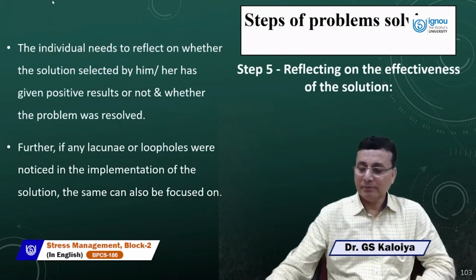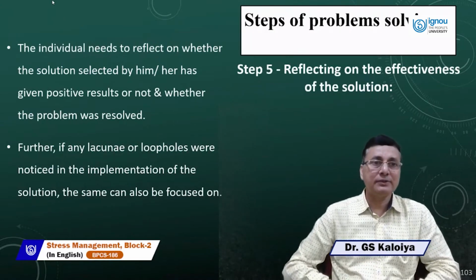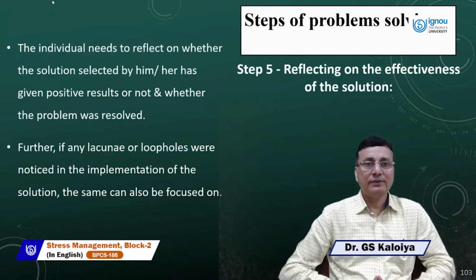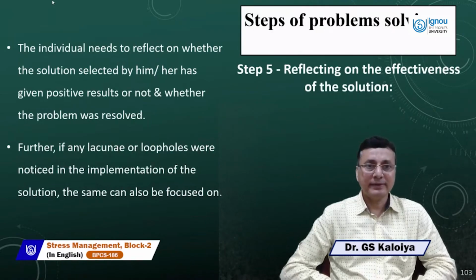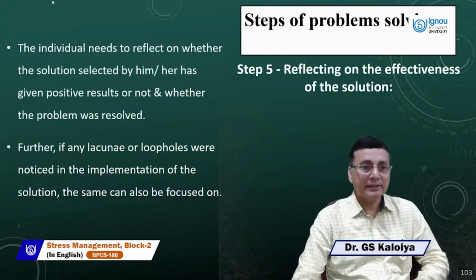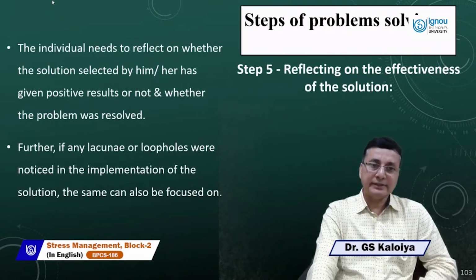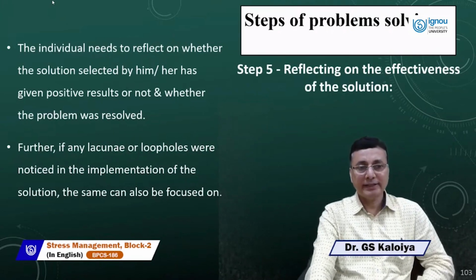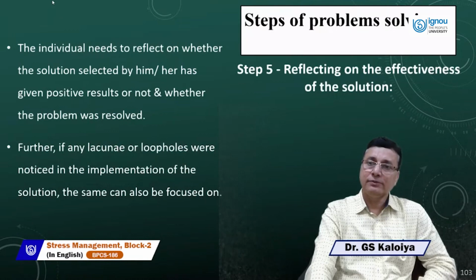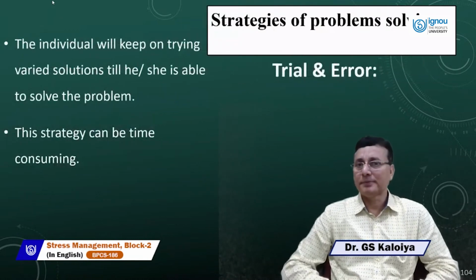Whatever solution you have used, you see whether it is effective or not. So the individual needs to reflect on whether the solution selected has given a positive result or not, and whether the problem was resolved or not. Further, if any lacuna or loopholes were noticed in the implementation of the solution, the same can also be focused on.